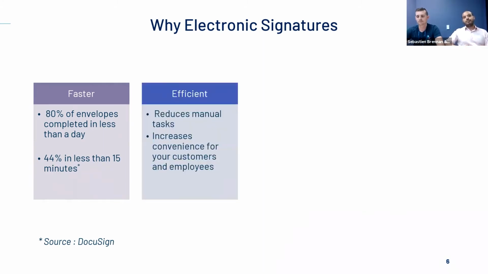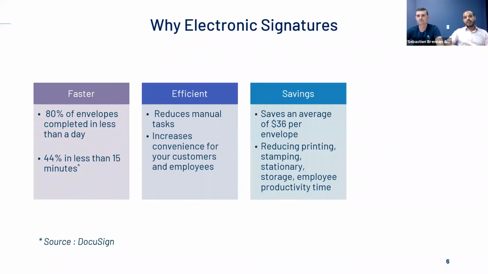Next obvious one would be efficiency. If you think about the reduction in manual tasks involved compared to snail mail, as well as the increased convenience it offers not only your customers, but also the employees involved in the process of creating these signing packs and envelopes, which directly results in savings for the business.